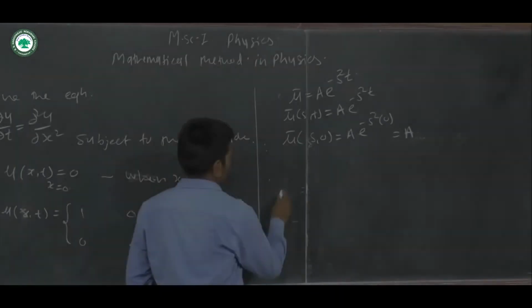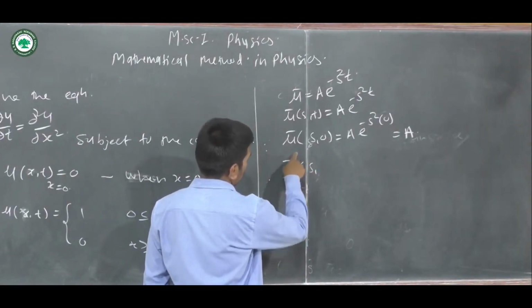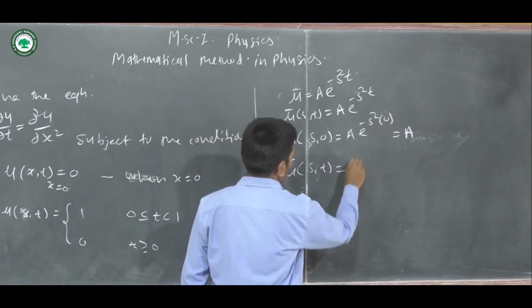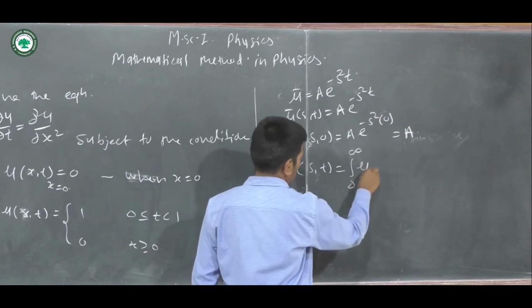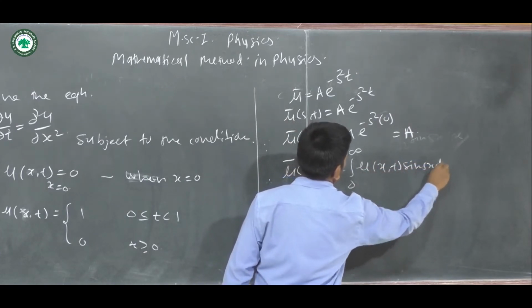And we also know ū is the Fourier transformation of u, so we can write the integral from 0 to infinity of u(x,t) sin(sx) dx.